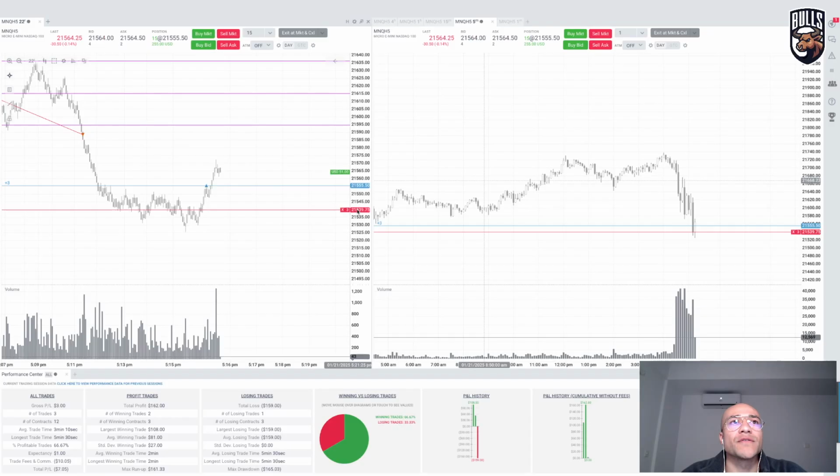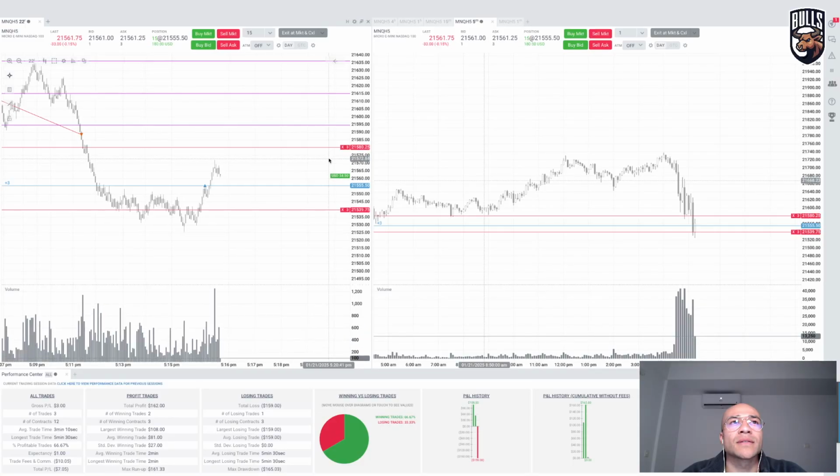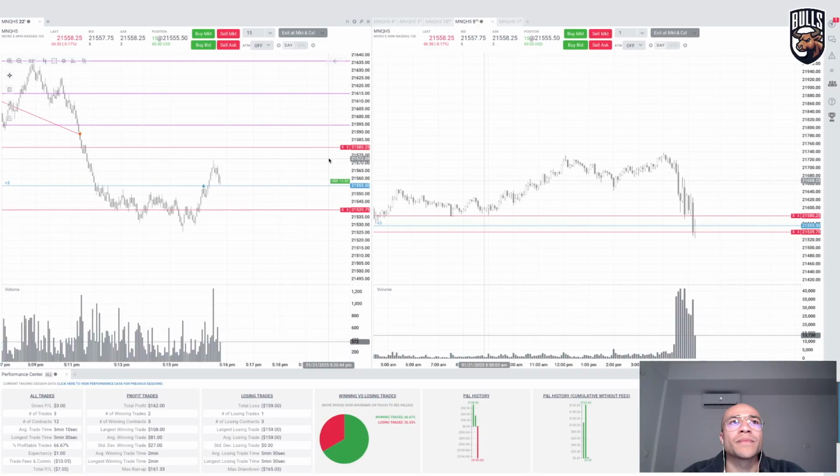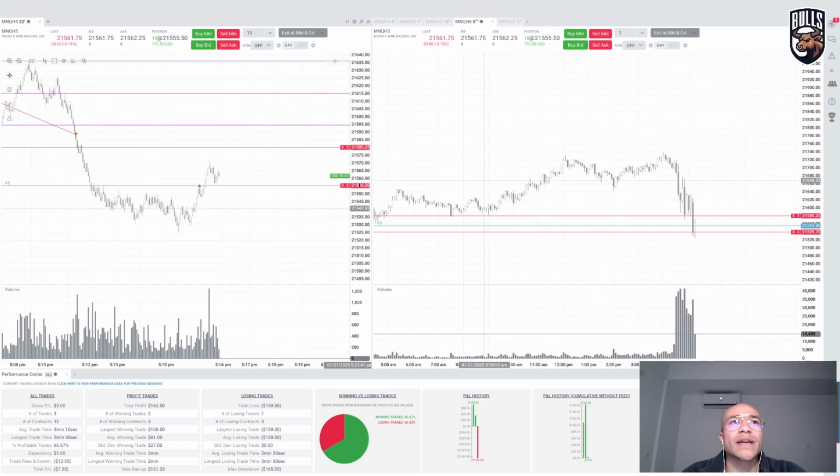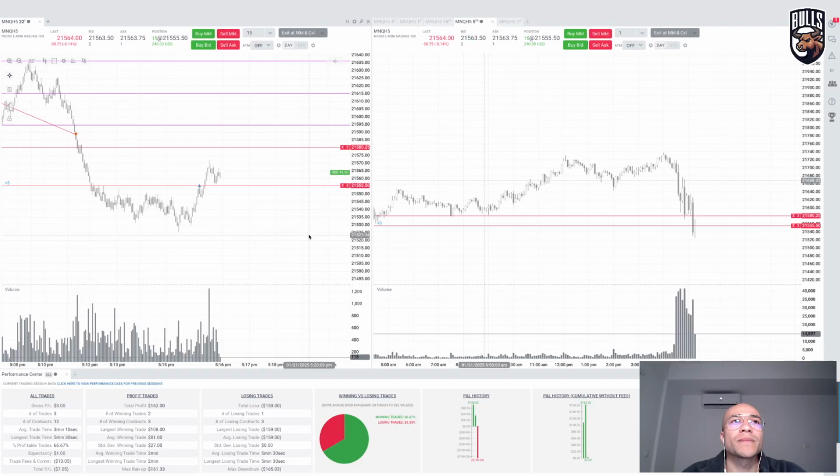Now I'd be watching out for a take profit level, which would be right around the 80s. But I'd also move my stop closer because I don't really like how price is reacting to that level.